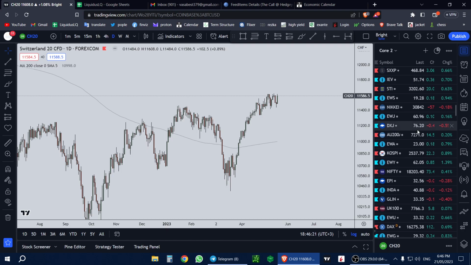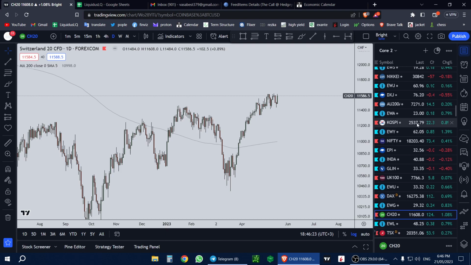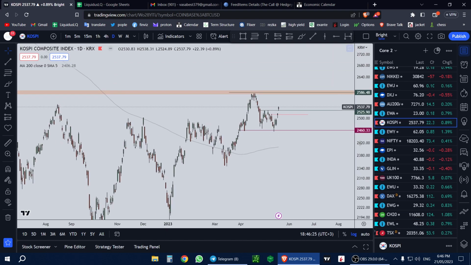One thing to point out, a similar setup once again: Kospi and South Korea and Taiwan. Heavily tech oriented countries, and all of them are signaling bullish trend and bullish trade right now. So that's why tech is performing exceptionally well in the US and across the world.